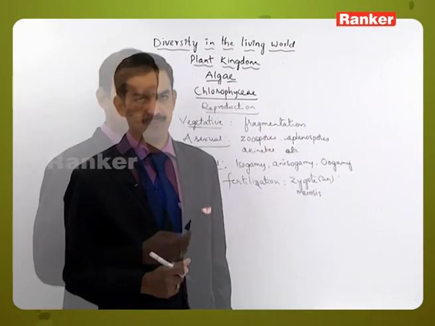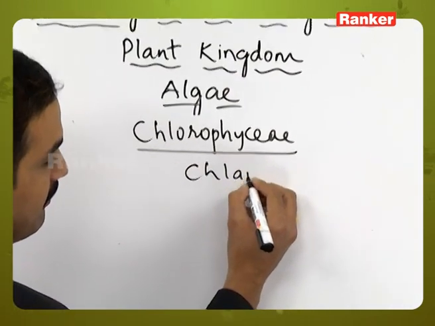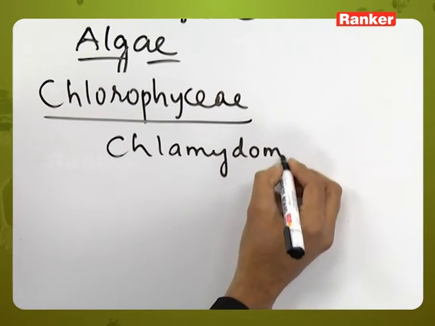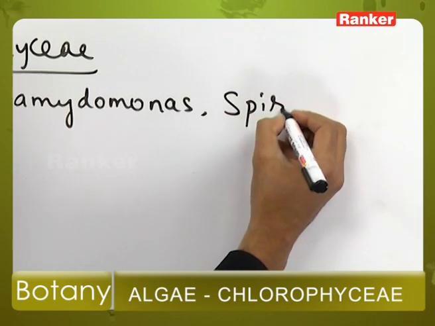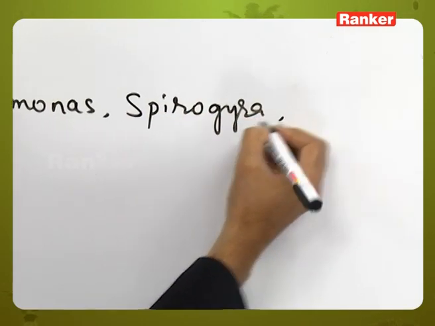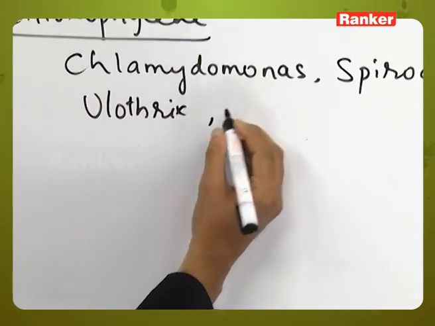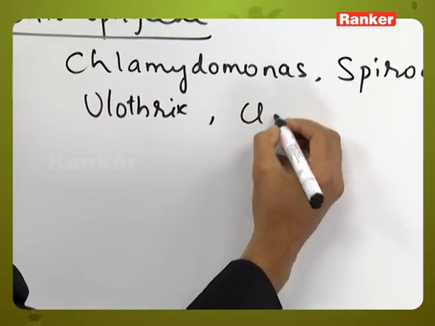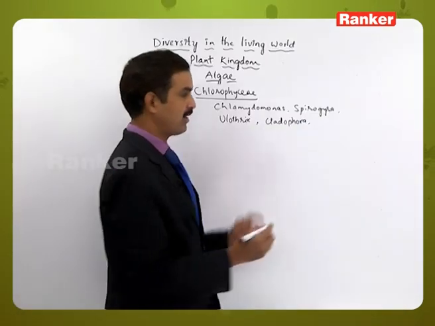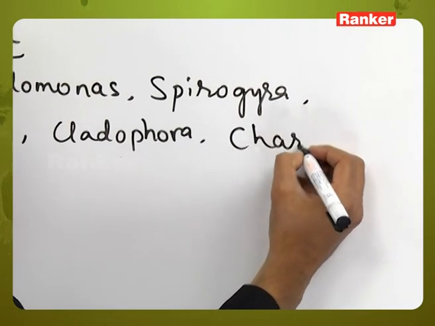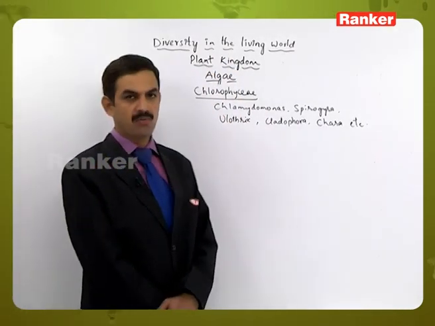Some important examples of Chlorophyceae members are Chlamydomonas, Spirogyra, Ulothrix, Cladophora, Chara, etc.